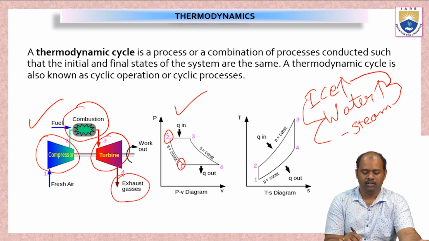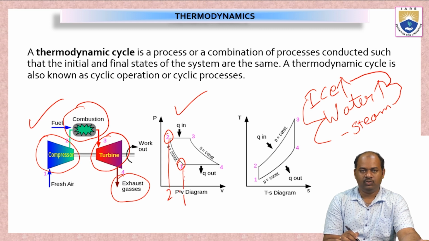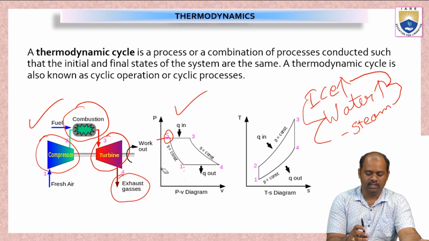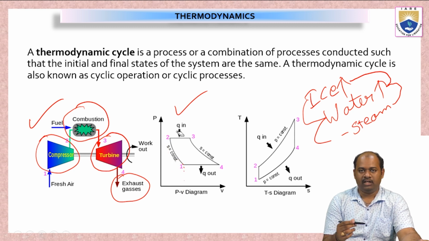At the same time, we can also see the volume is decreasing. When we compare these 2 points, the volume has decreased and the pressure has increased. Okay. So this is the first part of the cycle.